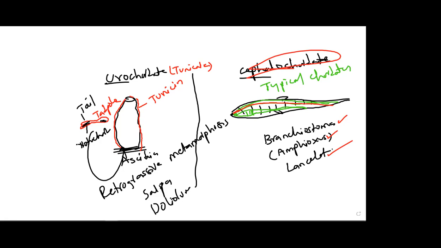Next, coming to Vertebrata. In these animals, notochord is developed into the vertebral column. So, very, very important: all vertebrates are chordates, but all chordates are not vertebrates. Is the statement correct?